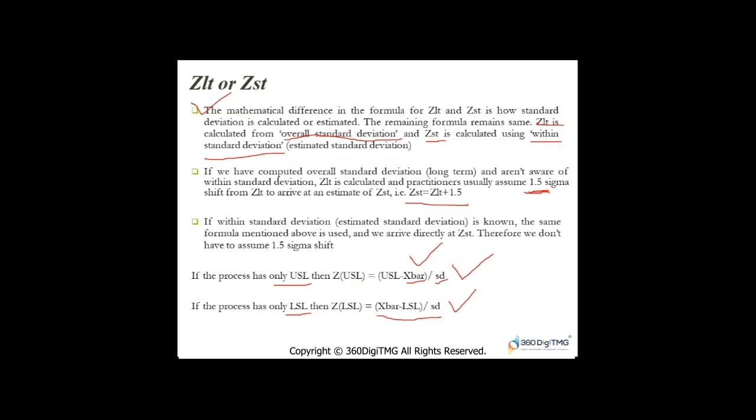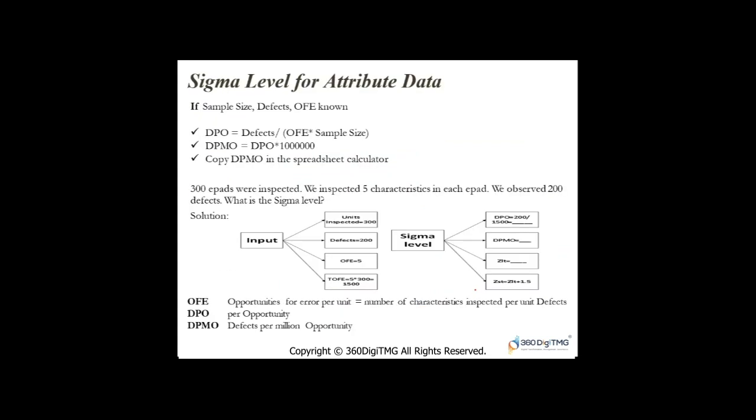Now let us discuss how to calculate sigma level for attribute data. Right. Scenario 1. If sample size is provided, number of defects are provided, and if you know opportunity for error, first thing you do is calculate DPO, defects per opportunity, which is defects divided by opportunities for error multiplied by the sample size.